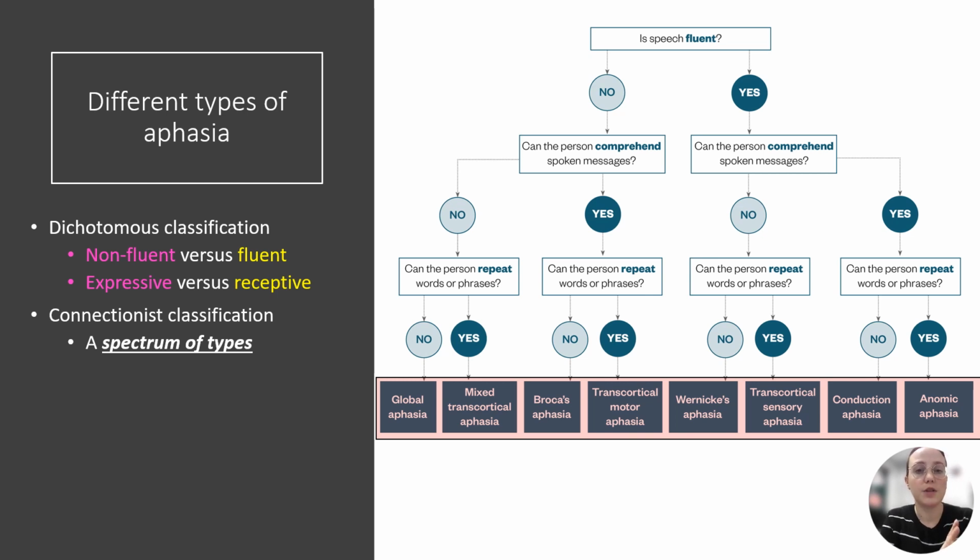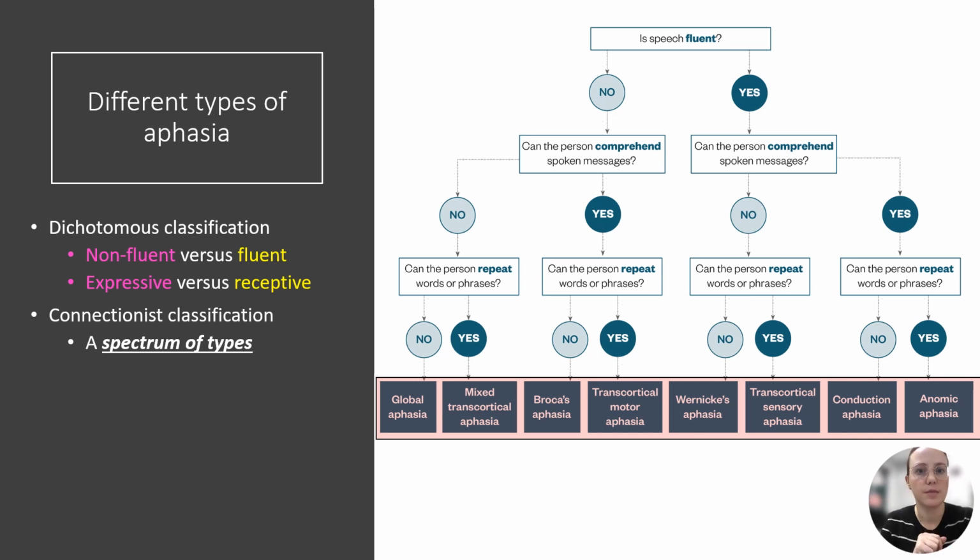So while these types are very useful in giving a shared name to a collection of symptoms, they're not all that useful in understanding exactly what in each person's language system is impaired, what is a strength. So we use these types broadly just to characterize what we're seeing, but when we are thinking about treatment or assessment, we really want to focus on what is a strength and a weakness in the language system and more broadly in the communication system.